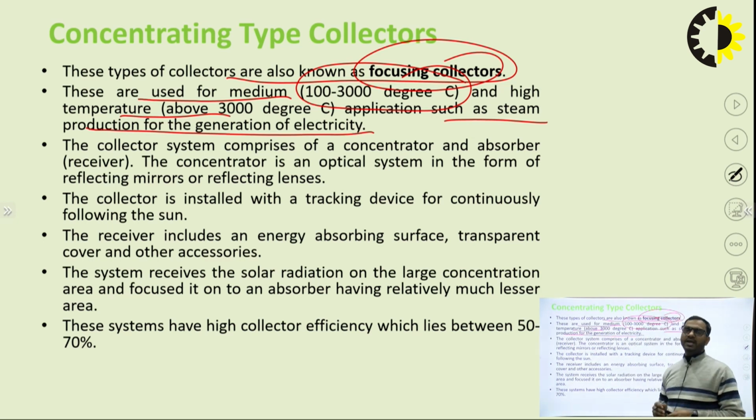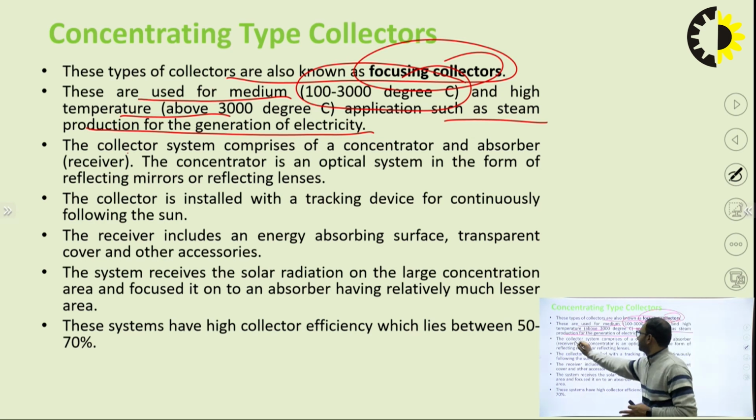So, we can say that for electricity generation, we can use concentrating type collectors because here we can achieve temperatures above 3000 degrees Celsius.